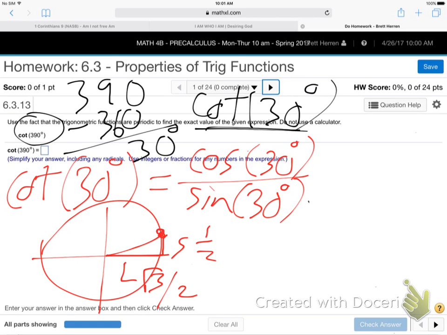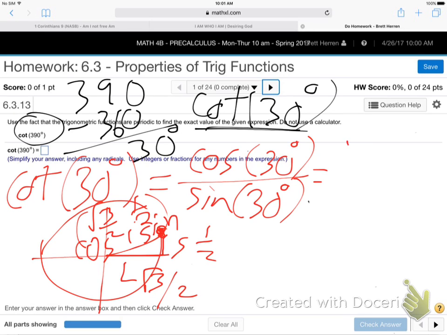So the coordinates of that point, if I could squeeze them in, are root 3 over 2 comma a half. If you can read that scribble there. So that's the coordinates of that dot. Now remember, the x is cosine, the y is sine.